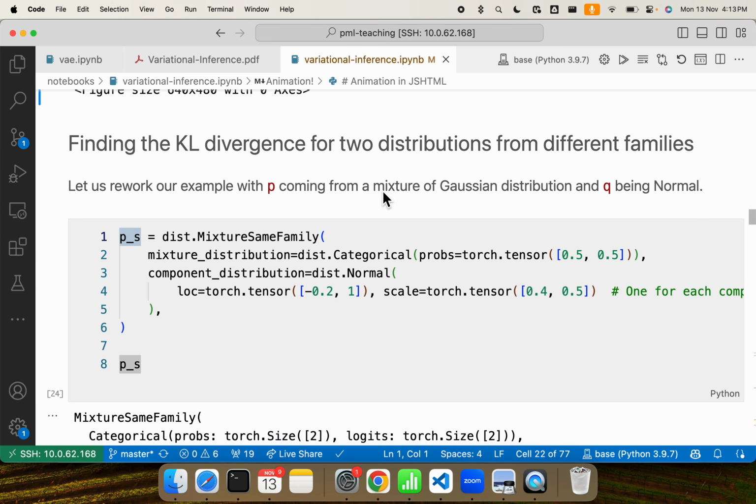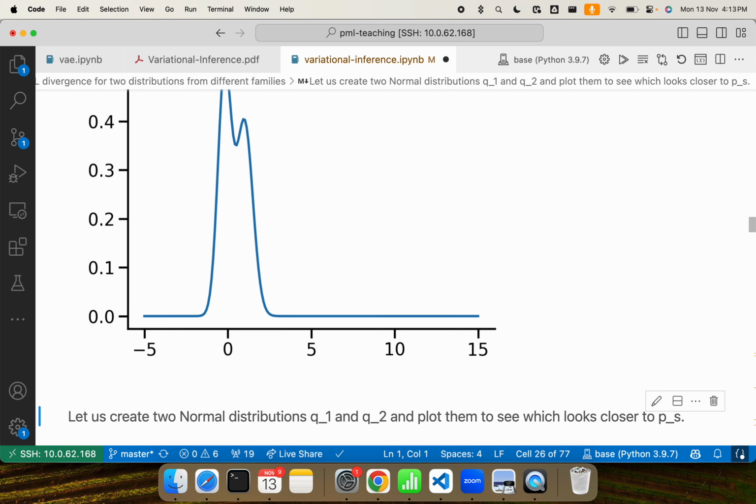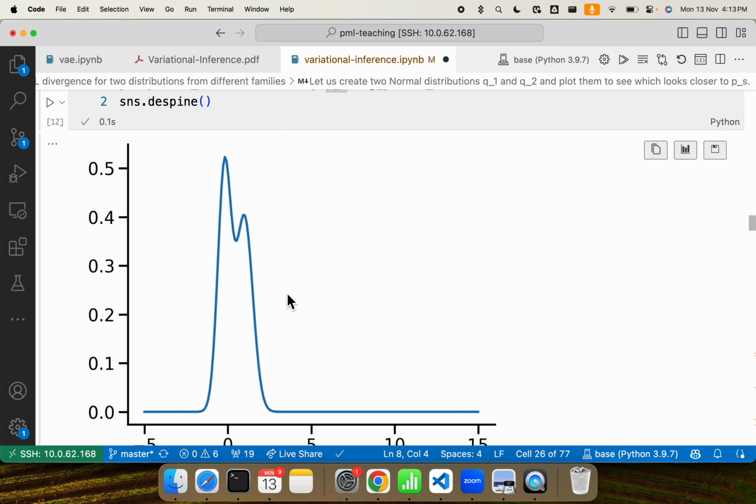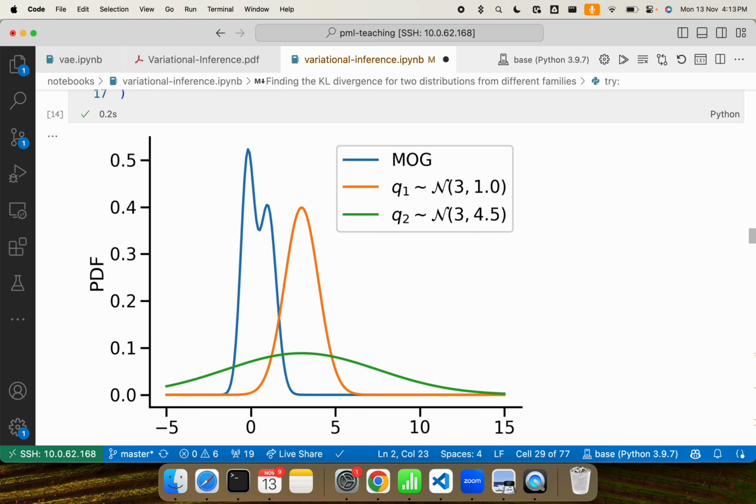But if the two distributions are from different families, so in this case I am creating a mixture of Gaussians, and this is how the mixture of Gaussians looks. You can very clearly see that there are two Gaussians which I've added up, and I have now shown, with this mixture of Gaussians, two different Q distributions, Gaussians.